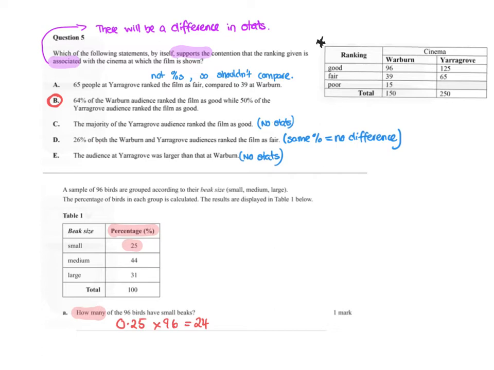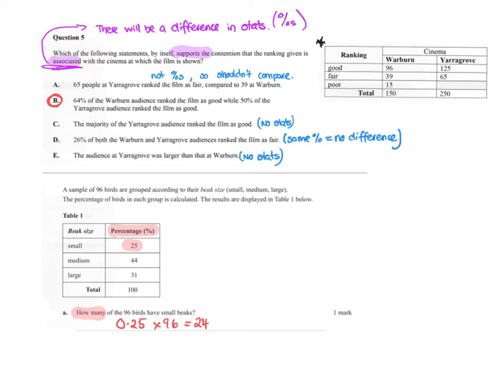Like we might see a higher percentage of good at one of those cinemas. That's when we can say there's an association. So when you want to say something is making an effect, there has to be a difference. If you want to say they're associated, there has to be a difference in stats. So mainly looking at percentages, yeah?